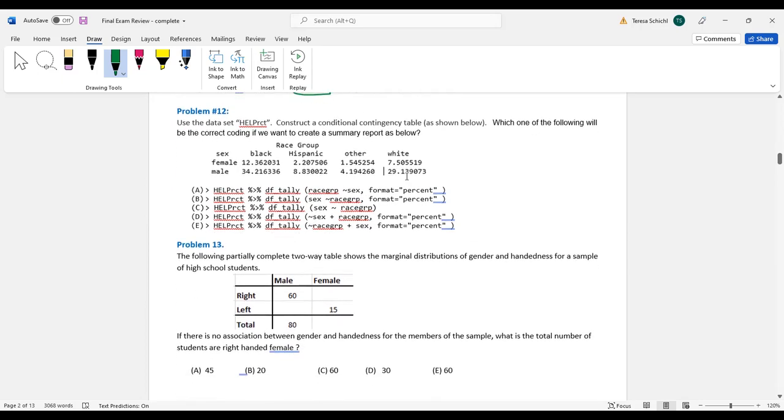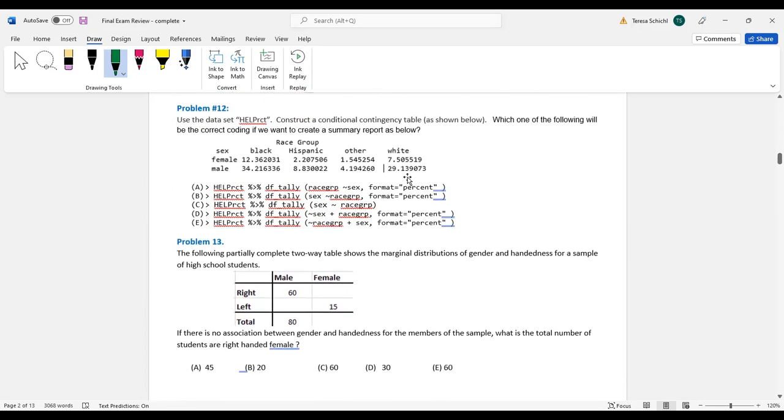Okay, now let's take a look at number 12 here. They ask you to use the data here, right? And for the contingency table, you want to have a table like this. That means this is your contingency table, right?